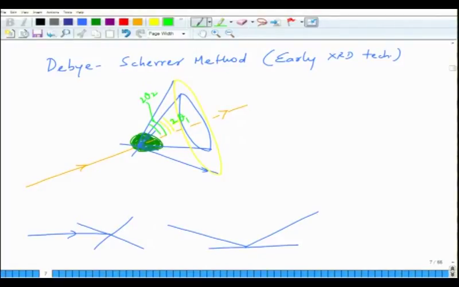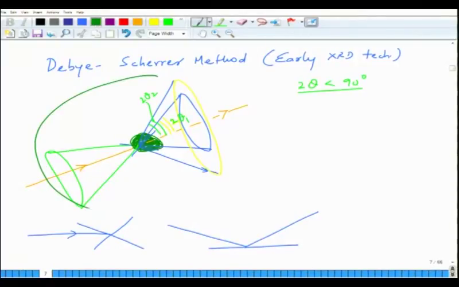For 2 theta less than 90 degrees, you will have cones going in the forward direction, but for planes for which 2 theta becomes more than 90 degrees, the diffracted beam will start going backward. So you will have diffraction in the back plane. To cover all of them, you keep a circular ring, which is a photographic film, so that you intercept both forward cones as well as the backward ones.